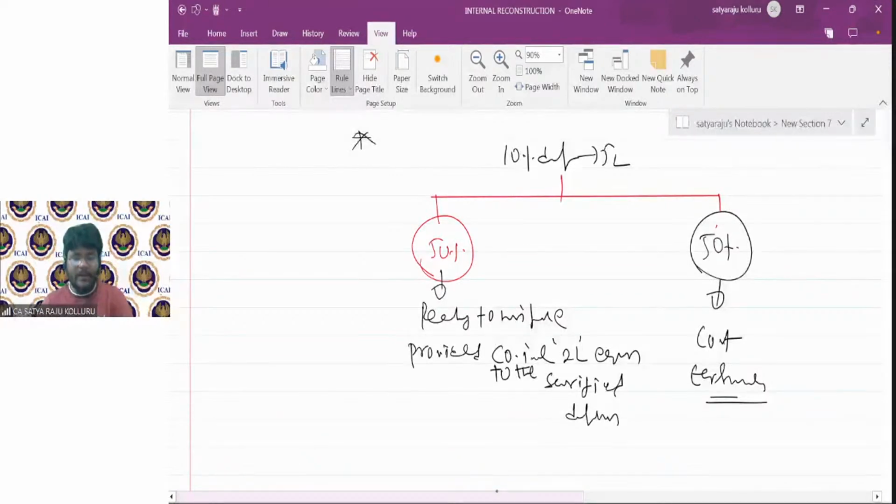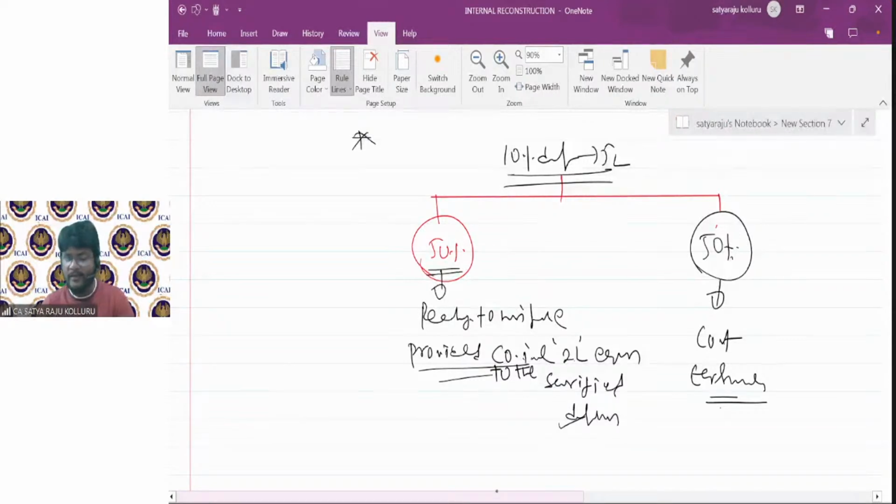Again, I'm repeating the case. 10% debentures is 5 lakh. To the extent of 50% they are ready to sacrifice, provided the company issues 2 lakh worth of equity shares to the sacrificed debenture holders, and for the remaining 50% debentures, the company is going to issue equity shares. Now, my question is, is the real sacrifice made by the debenture holders 2.5 lakh?